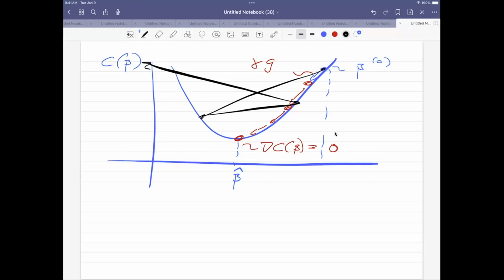So in this case, gamma is too large. In this case, we have gamma ideal. After some steps, we reach the minimum value. But then we could also have a case where this gamma here is, let me put that in blue, where we just make many, many small steps and we stop here. So that means that gamma is too small.